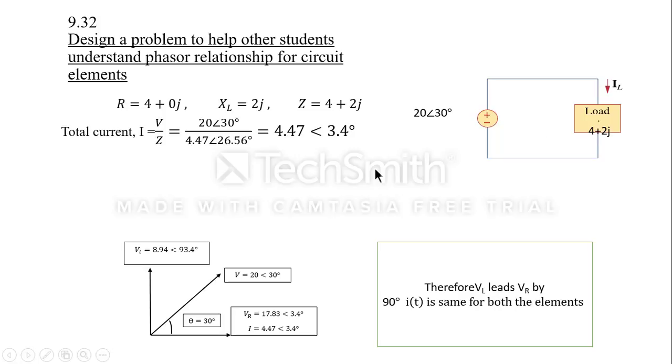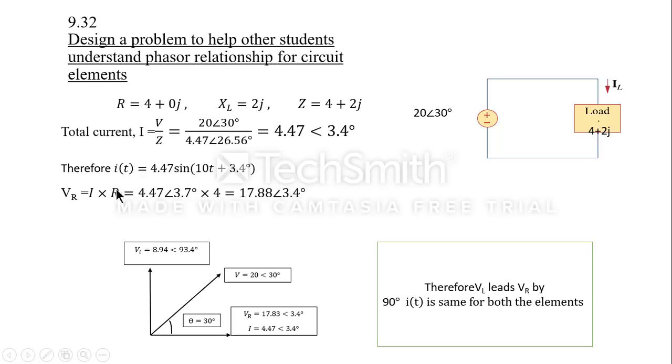That is why we require the I component. To find the voltage across the resistor, we multiply the current with the resistor, which gives the value of 17.88 with a phasor angle of 3.4 degrees. And to find the voltage across the inductor, we multiply the current with the inductance, which is equal to 8.94 with a phasor angle of 93.4.